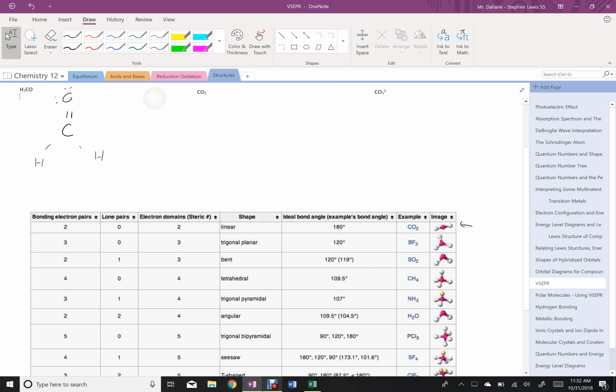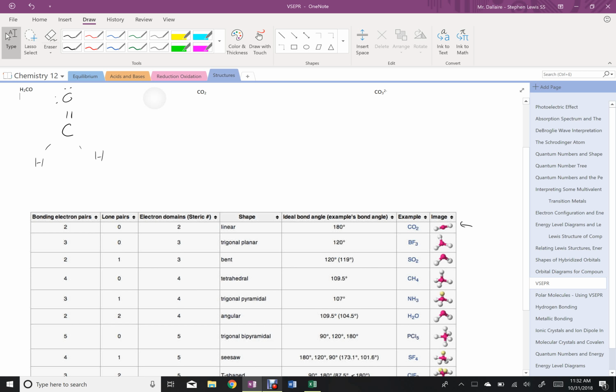So I have 3 bonding electron pair locations. I ignore the double bonds when I'm considering this chart. And then I have 0 lone pairs on my central atom. And so I can see that I'm dealing with this section in the chart, the trigonal planar, which means that this atom is going to take on this shape.